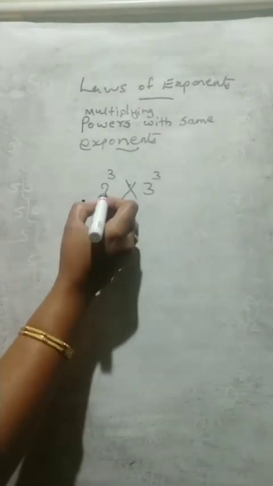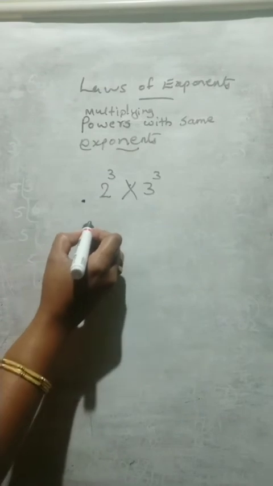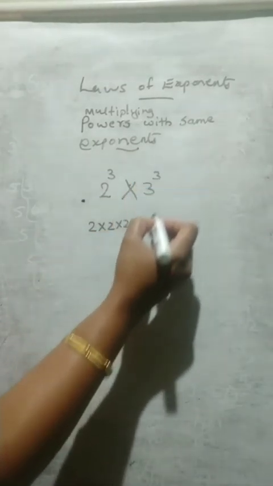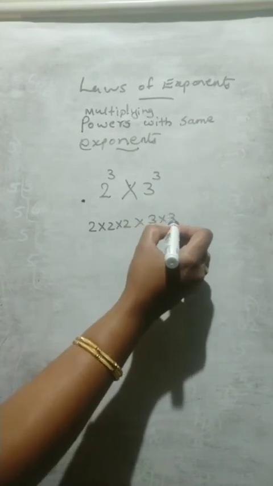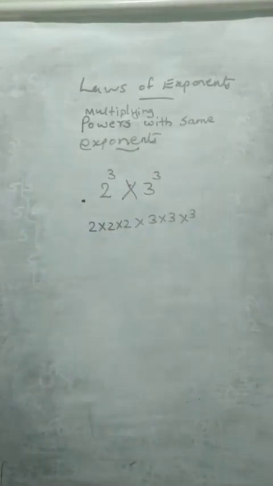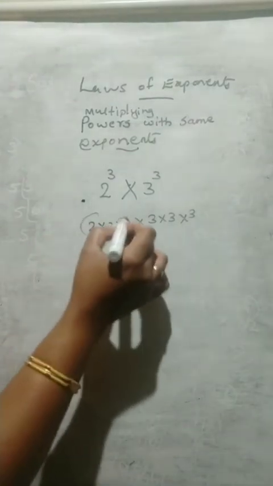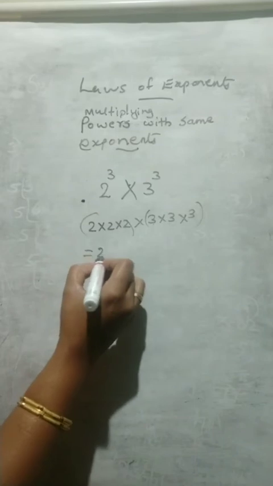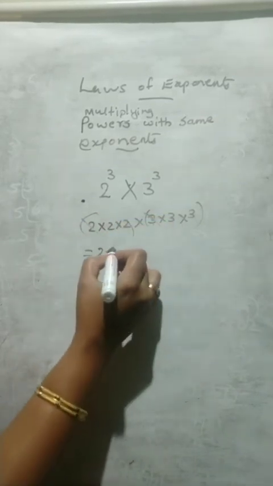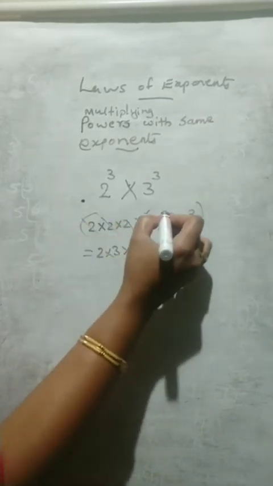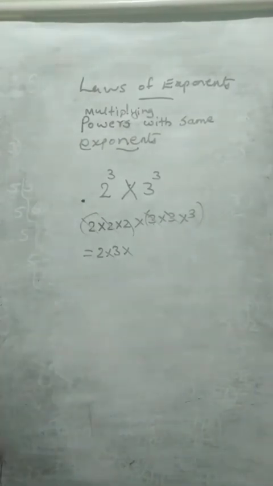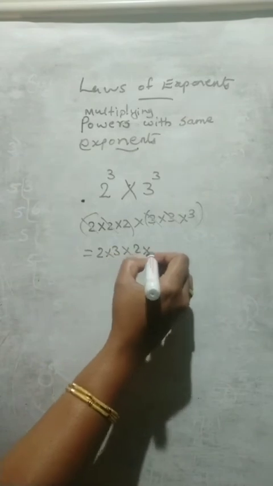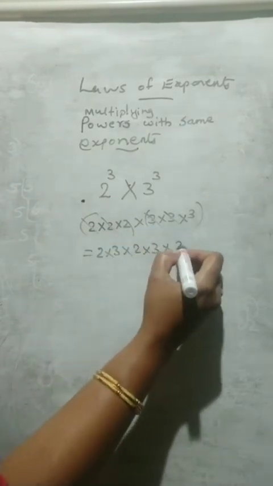Here 2 raised to 3, that is 2 times 2 times 2. 3 raised to 3, that is 3 multiplied by 3 then 3. Now we can rearrange this one. 2 times 3, we can take it this way, because we can multiply in any order. 2 times 3, then 2 times 3, again 2 times 3.